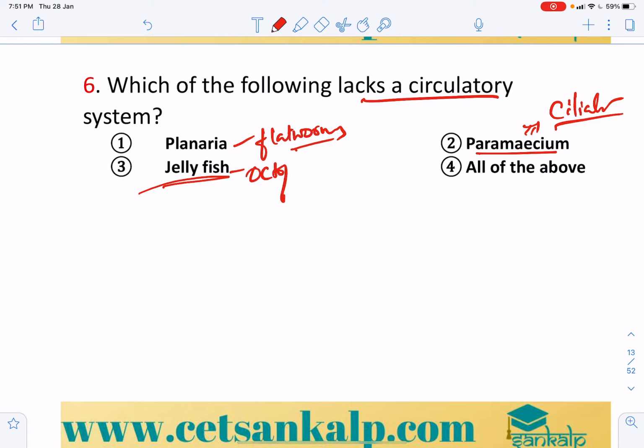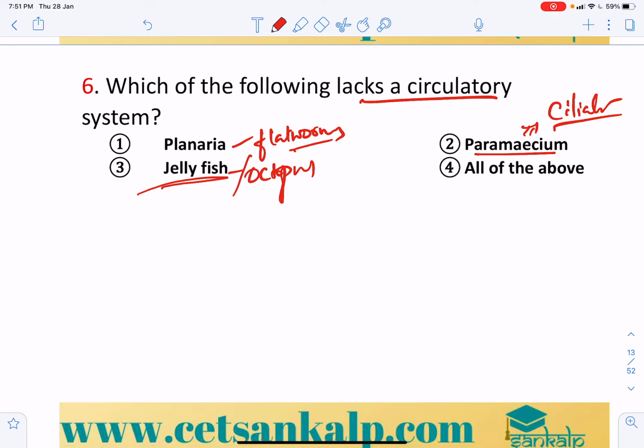Jellyfish are non-cephalopods, not octopus, which is a cephalopod. All of these non-cephalopods won't have any circulatory system, they lack it.